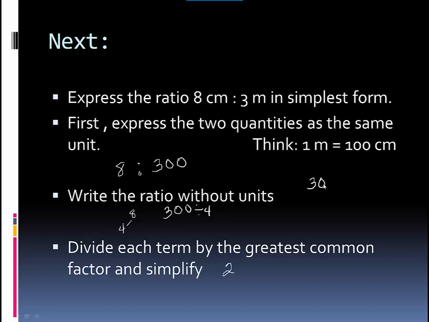I won't do this in my head, even though I can, because I want to show you what I am doing. 30 divided by 4 is 7. 4 times 7 is 28. And that leaves 2, bring down the 0, and that's 5. So it's 75. 2 to 75. Now I have listed that and I have simplified it.